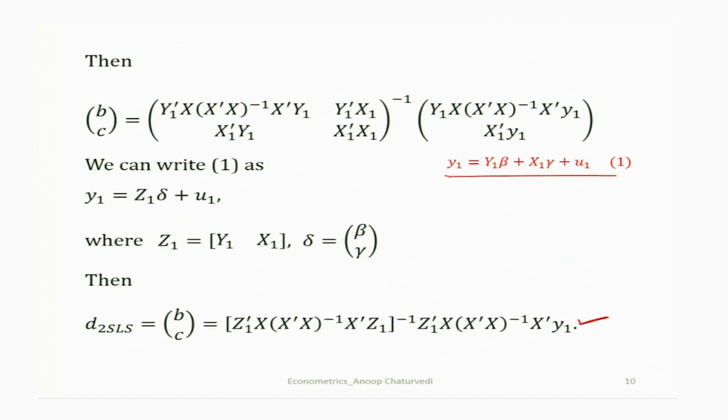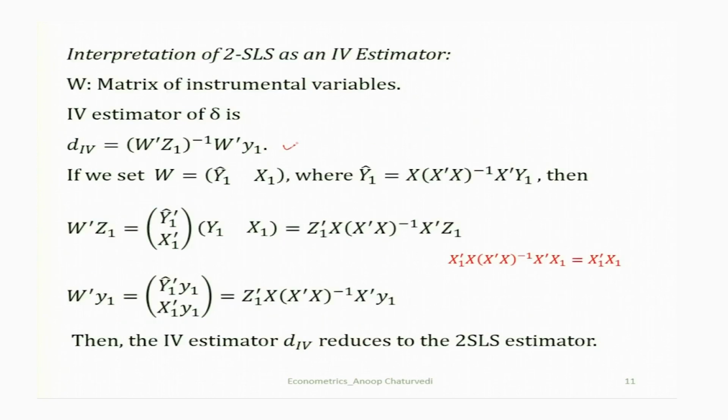Actually, you have this model, so we just pre-multiply it by W transpose and then we get this instrumental variable estimator. Now, suppose you set W equal to Y1 hat, X1, where Y1 hat is equal to X (X transpose X) inverse X transpose Y1, that is the predicted value of Y1.